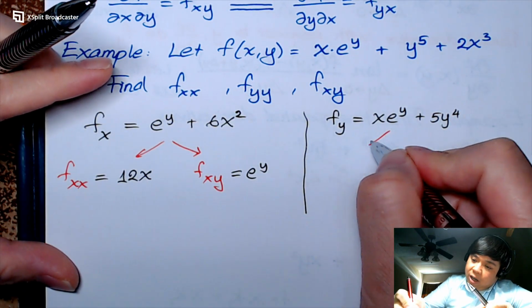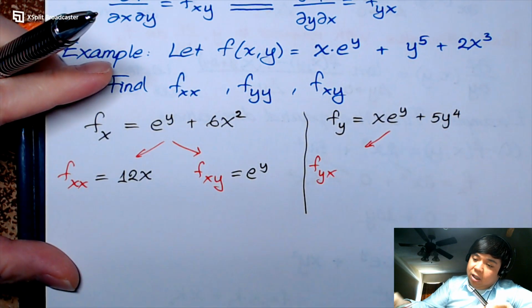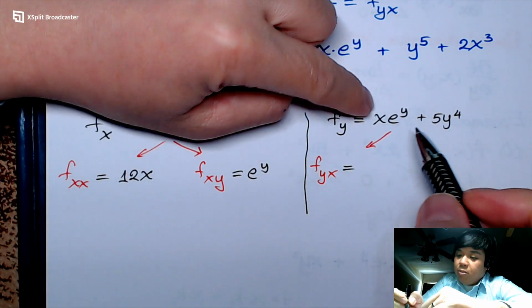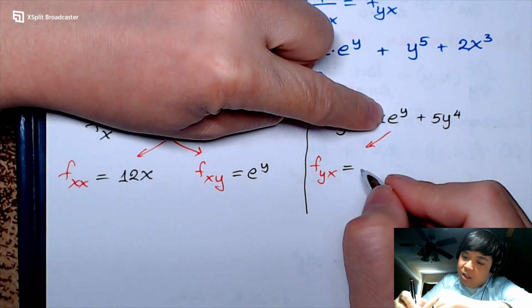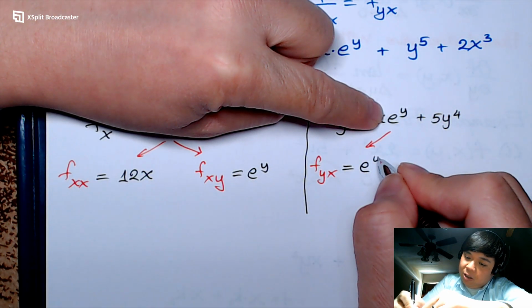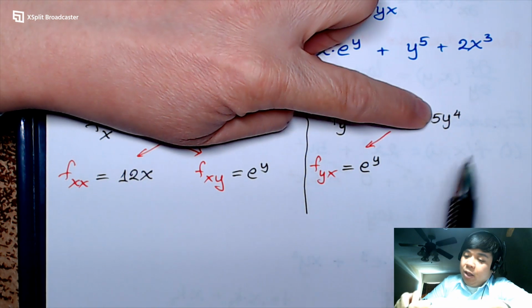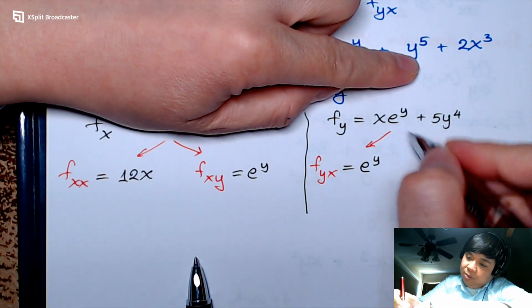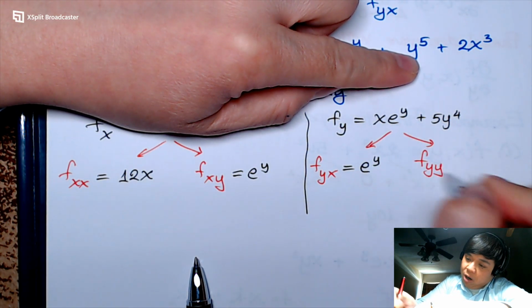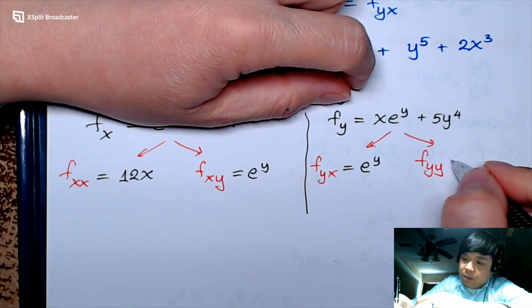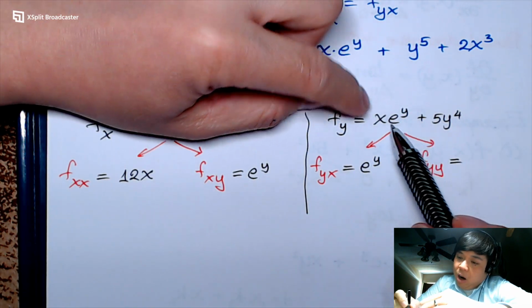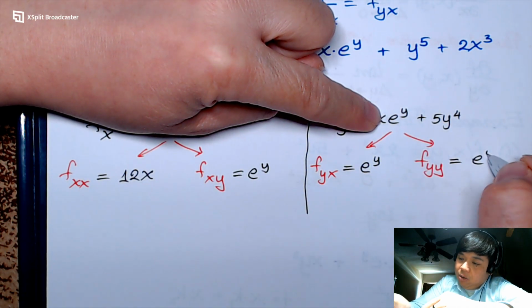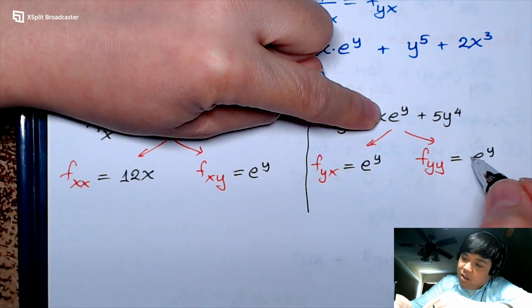Now this is f_y, so let's do f_yx. So I just take the derivative of this with respect to x. The derivative with respect to x is 1 times the constant. And the derivative of this with respect to x is 0 because that is constant. And then f_y, the derivative with respect to y. So now this derivative with respect to y is e to the y still, and then that constant.